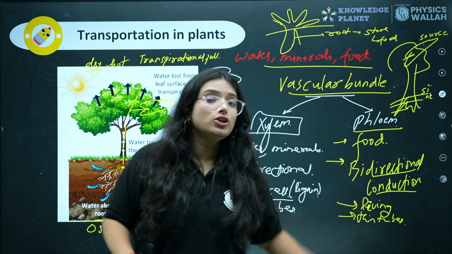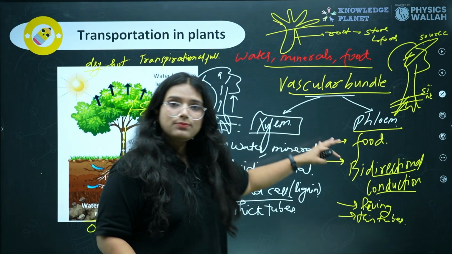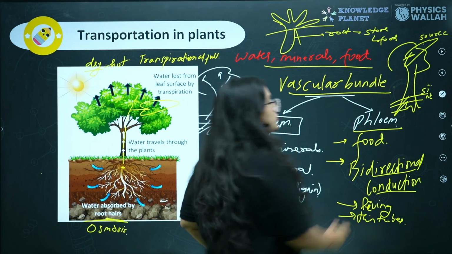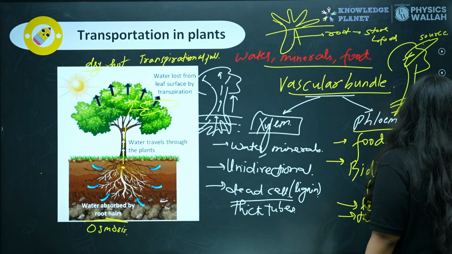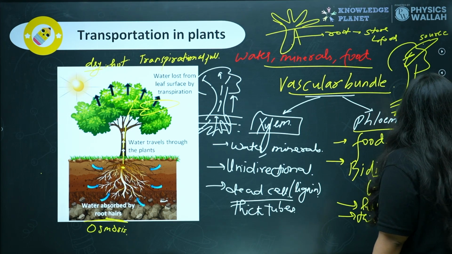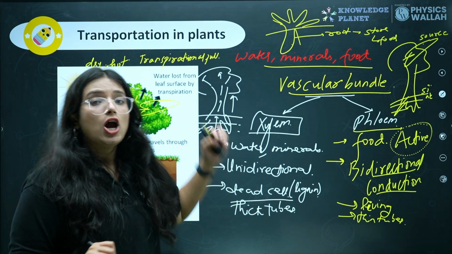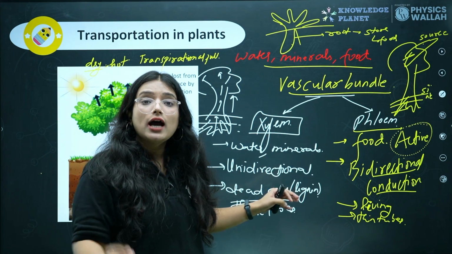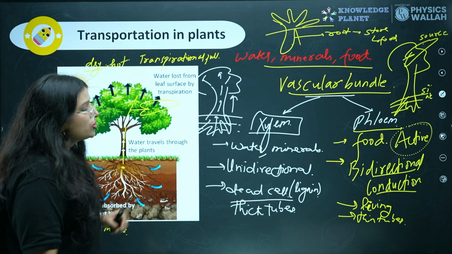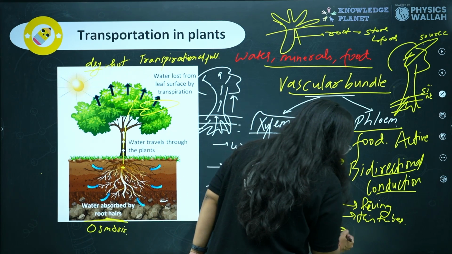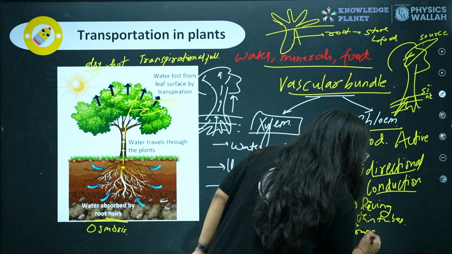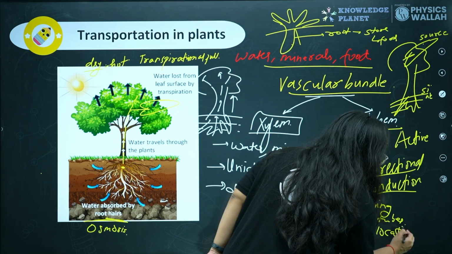So of course, the transportation of food is an active process, as it requires energy. The conduction of food is known as translocation, which is an active process.